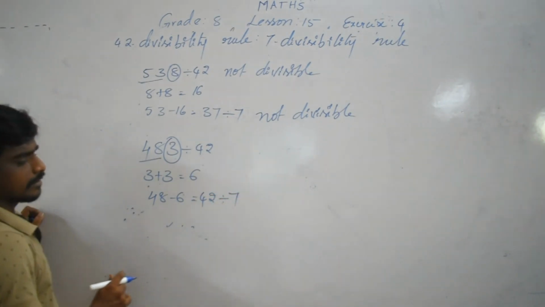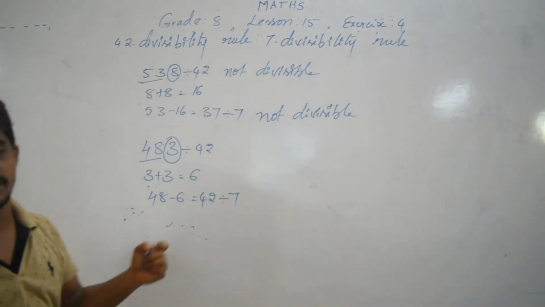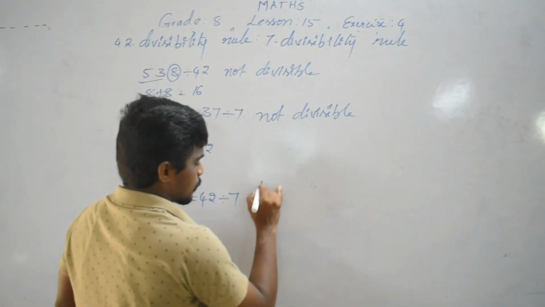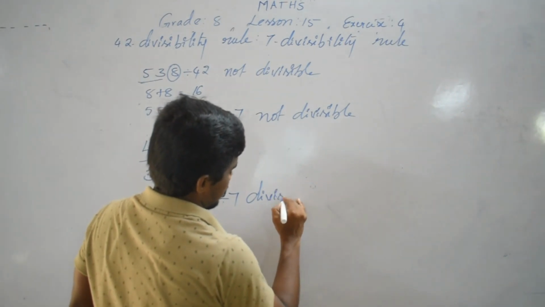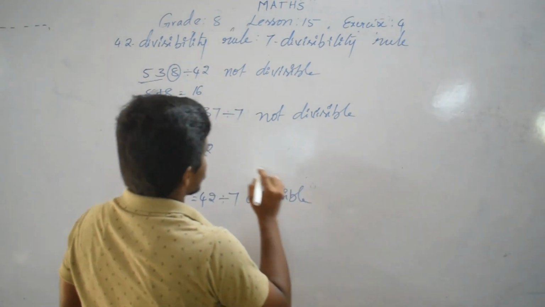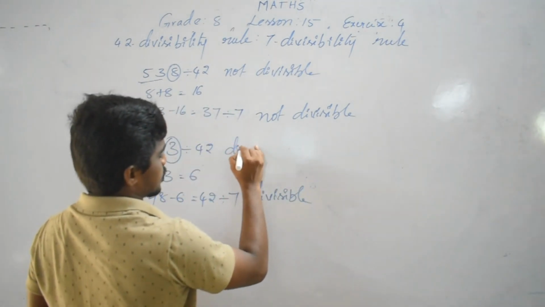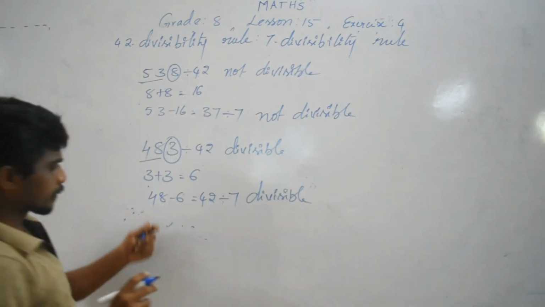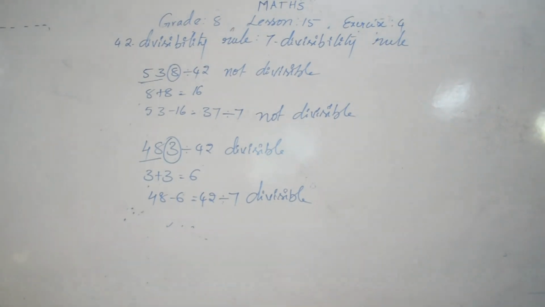Divided by 7, divisible or not divisible? 7 6s are 42, so divisible. So here also divisible. This is the 42 divisibility rule.